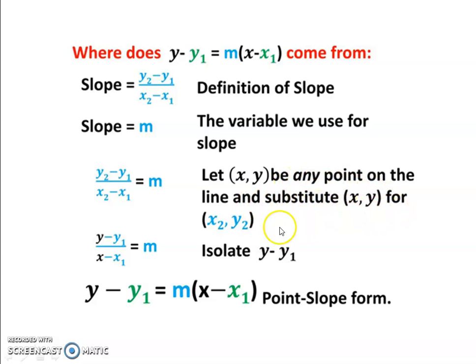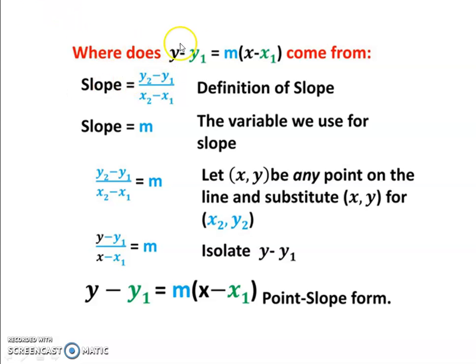Substitute x, y for x2, y2. Then y minus y1 upon x minus x1 is equal to m. So isolate y minus y1. We have y minus y1 is equal to m times bracket x minus x1, the point slope form.